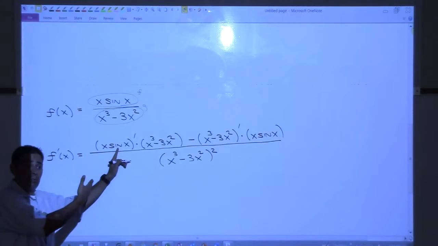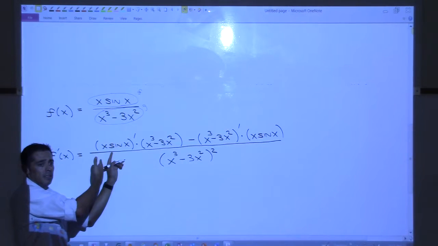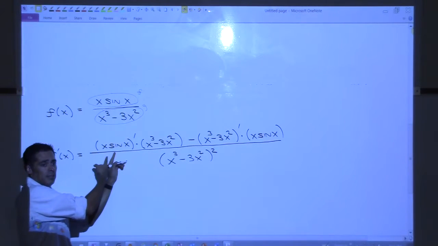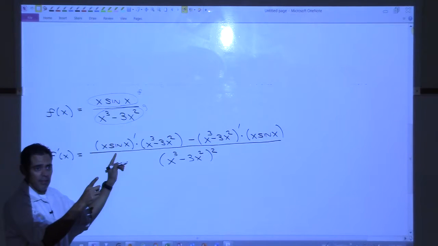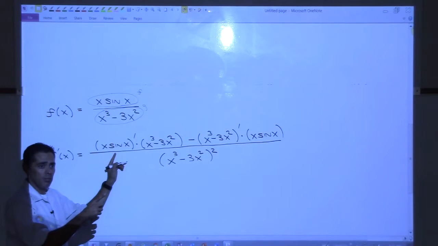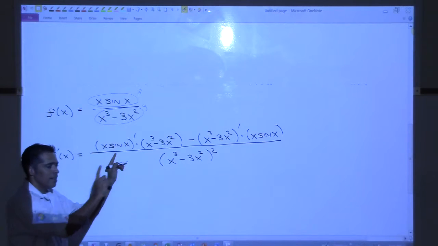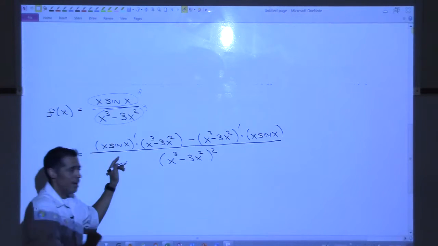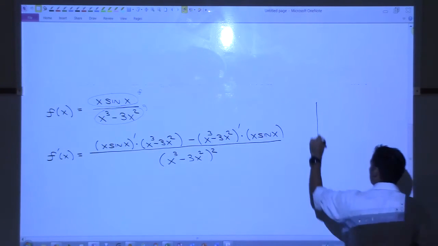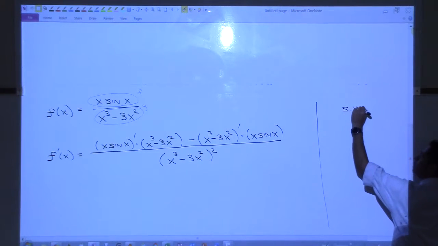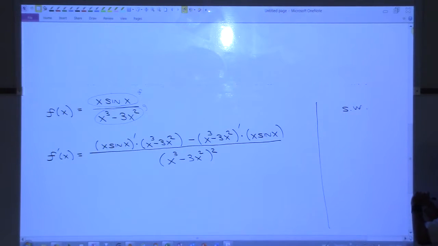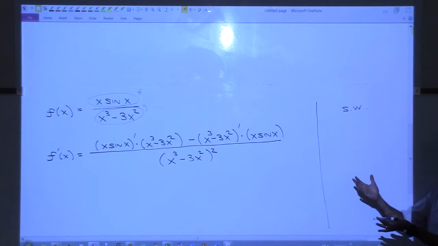So how do you do the derivative of this? What do you see here? A product, right? Which means you have to apply the product rule, which means you might need to do this on the side. So you might have some scratch work over here now. Does everyone see that? We have a product rule occurring within our quotient rule.